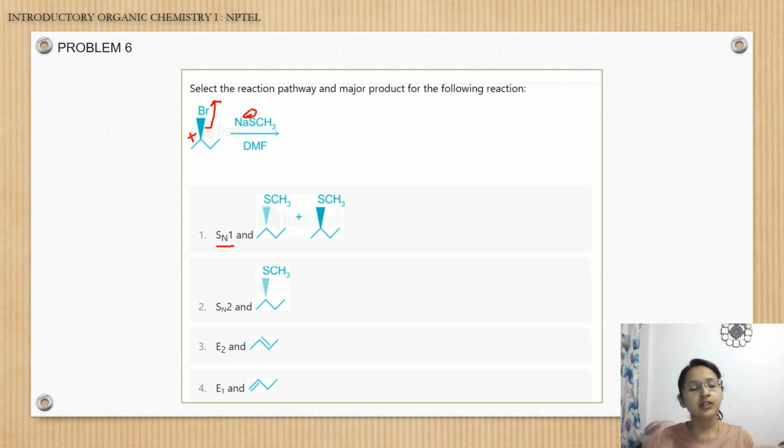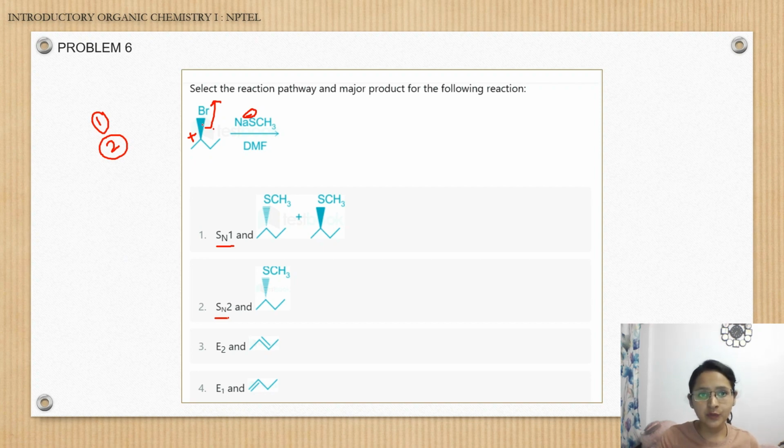So in the SN1 reaction, the first step is the removal of the leaving group and formation of carbocation, and the second step is the nucleophilic attack on that carbocation. But the SN2 mechanism is a concerted mechanism.